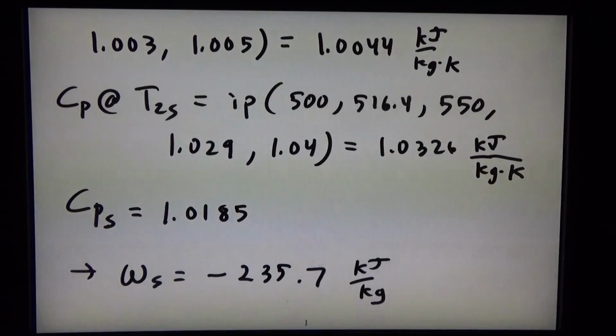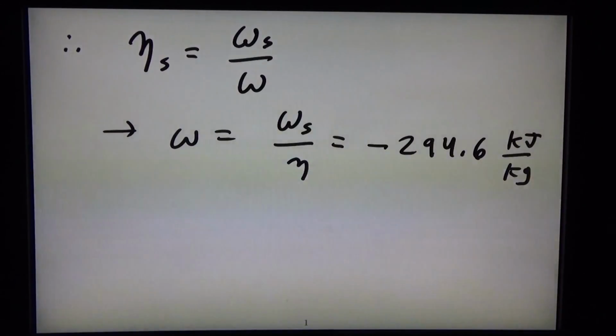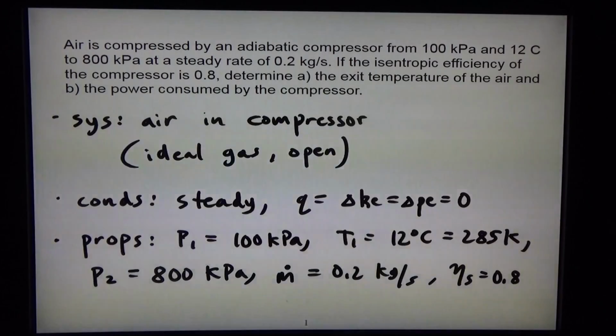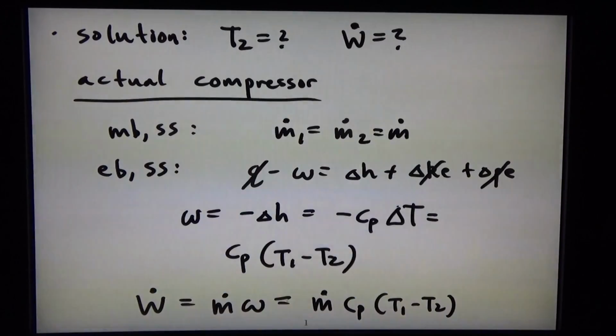Alright, so now we have isentropic work. We have the actual work. We're looking for T2, the actual exit temperature of the device. So in this equation we found the actual work. We can use this equation to solve for actual T2.